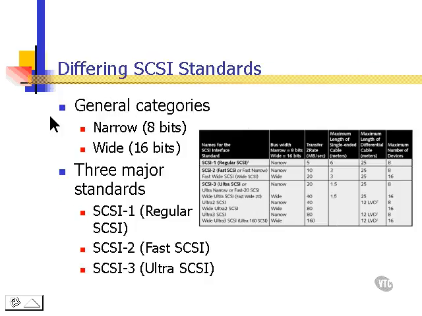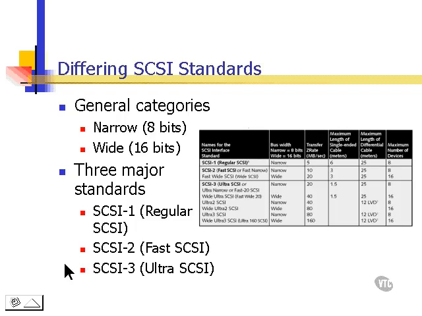Two general categories of SCSI are narrow, which is 8 bits, like an 8-lane highway, and wide, which is 16-bit SCSI, like a 16-lane highway. And then three major standards are regular SCSI, or SCSI 1, or just called SCSI, fast SCSI, SCSI 2, and ultra SCSI, which is both faster and wider.